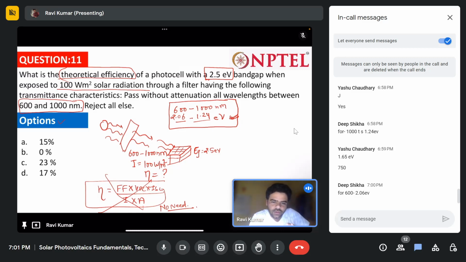I hope everyone got it. If you are calculating, I can wait for you. Just confirm for me: for 600 it is 2.06 electron volt, and for 1000 it is 1.24 electron volt. I have taken it from the screen only, I haven't calculated.